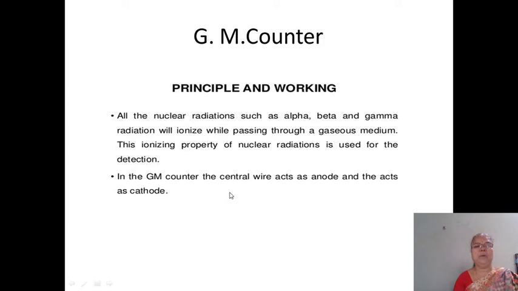In the GM counter, the central wire acts as anode and the cylinder acts as a cathode.